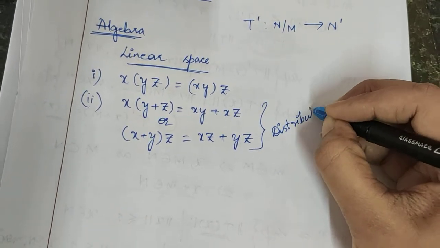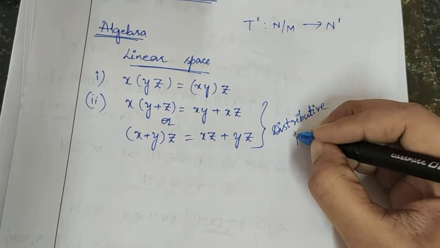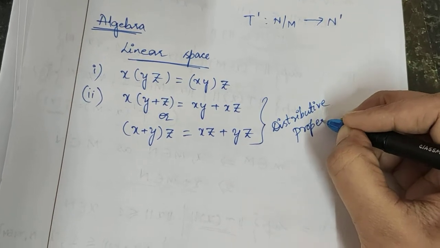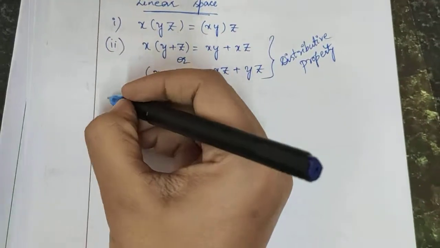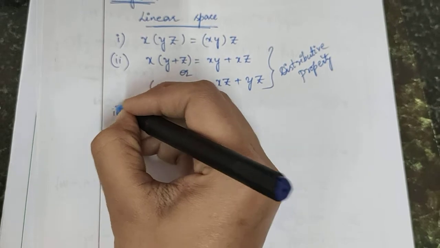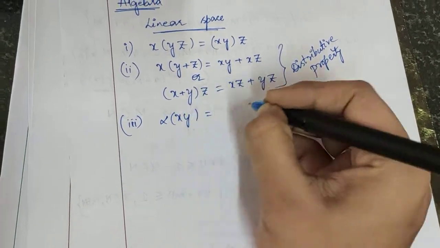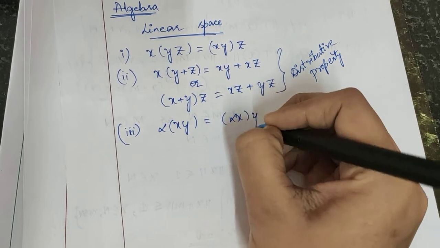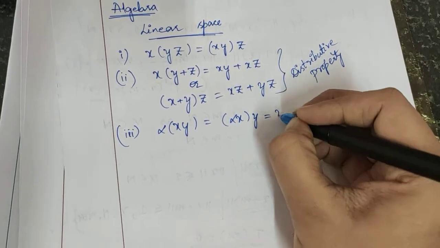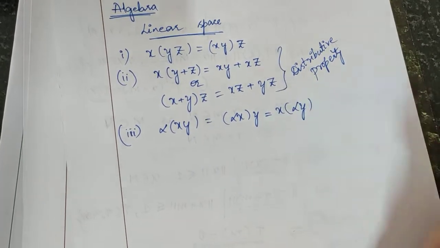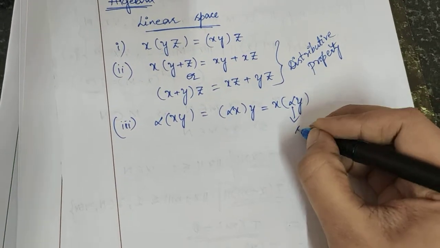One is right distributive, another one is left distributive. And the third case is alpha into xy is equal to alpha x into y, and this is equal to x into alpha y, where alpha is your scalar.